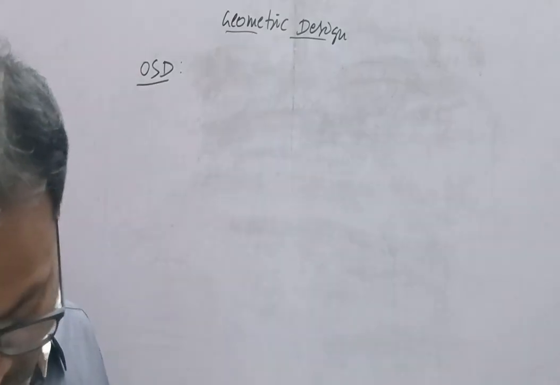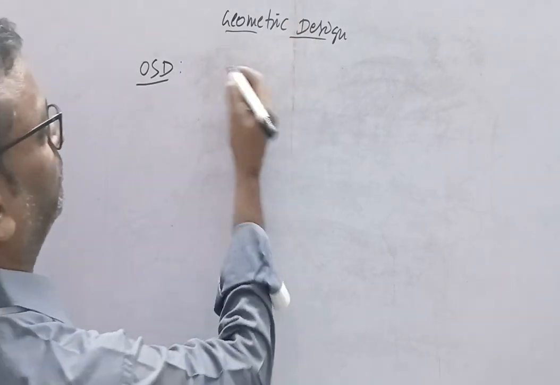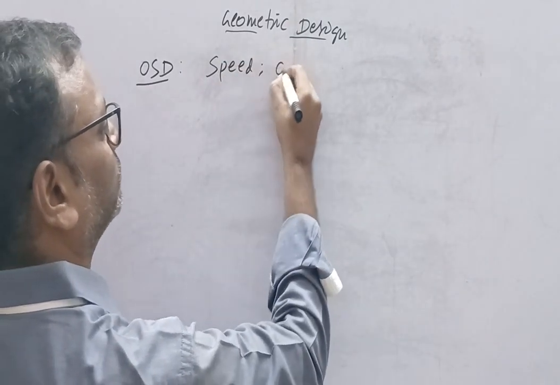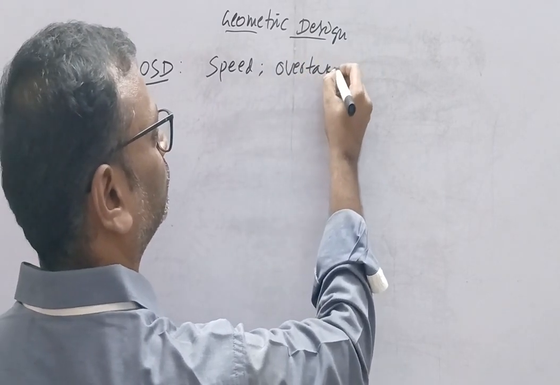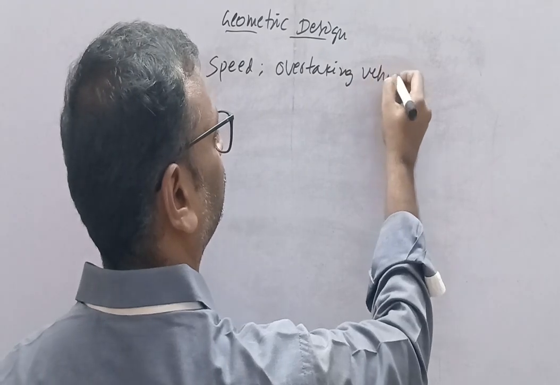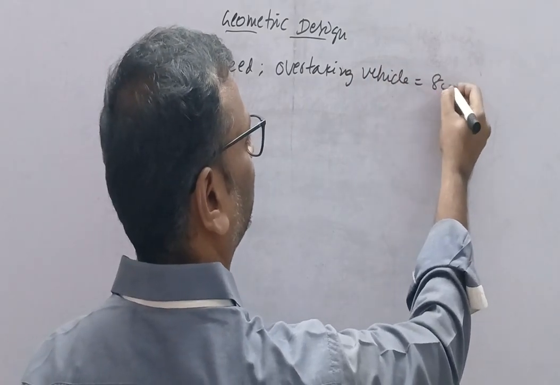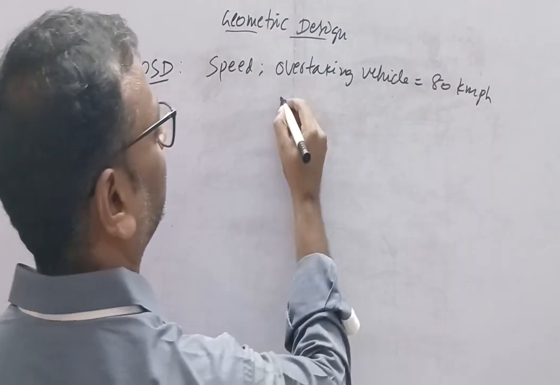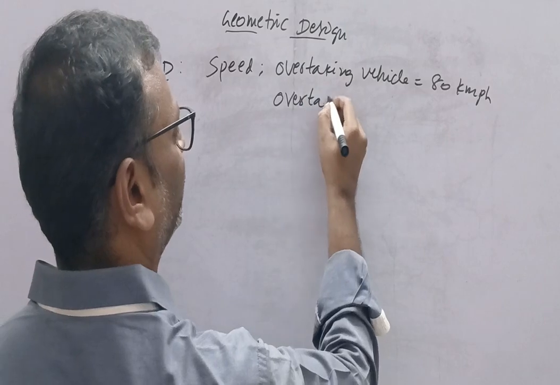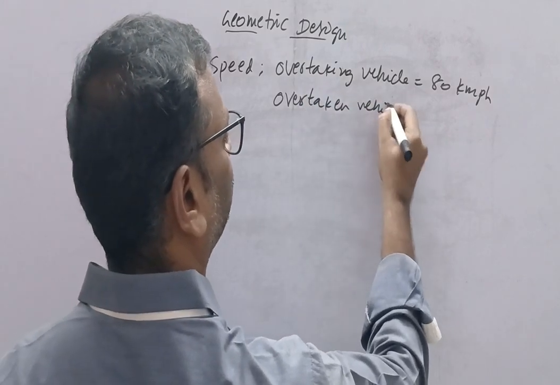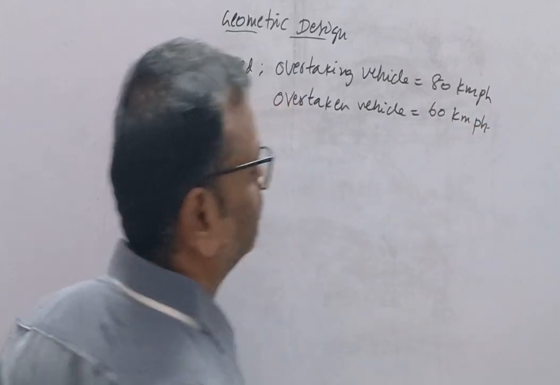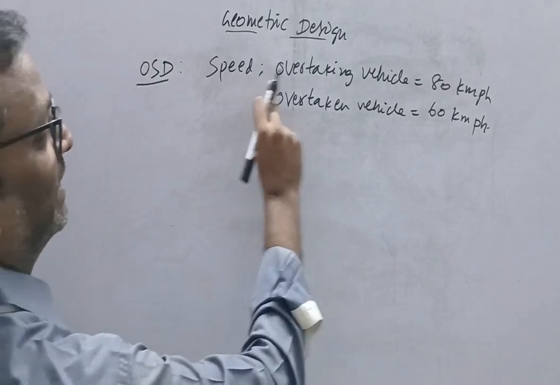Suppose design speed of an overtaking vehicle is some 80, say, and speed of an overtaken vehicle, say some 60. So what is overtaking vehicle?